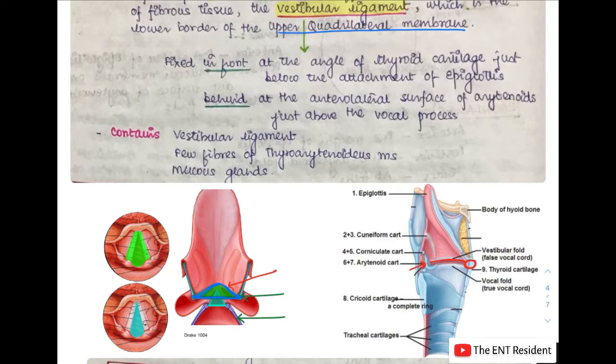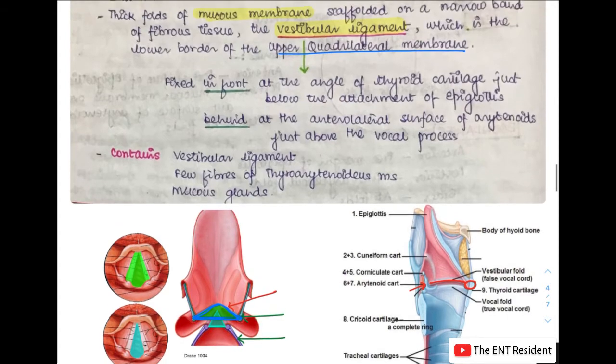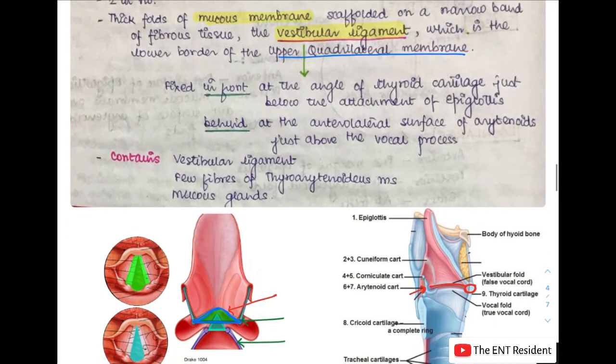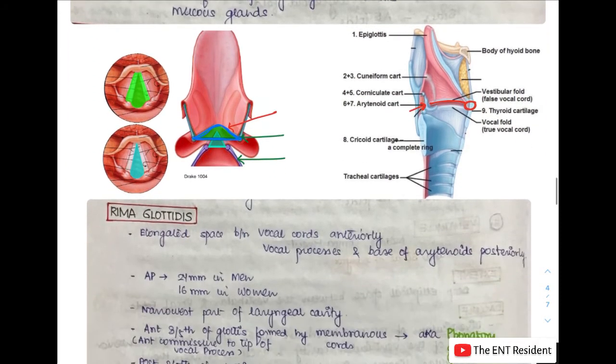Thus, this is the attachment of the vestibular ligament. So, other than the vestibular ligament, the vestibular folds also contain a few fibers of the thyroarytenoideus muscle and also some mucus glands. So, this is all about vestibular folds.